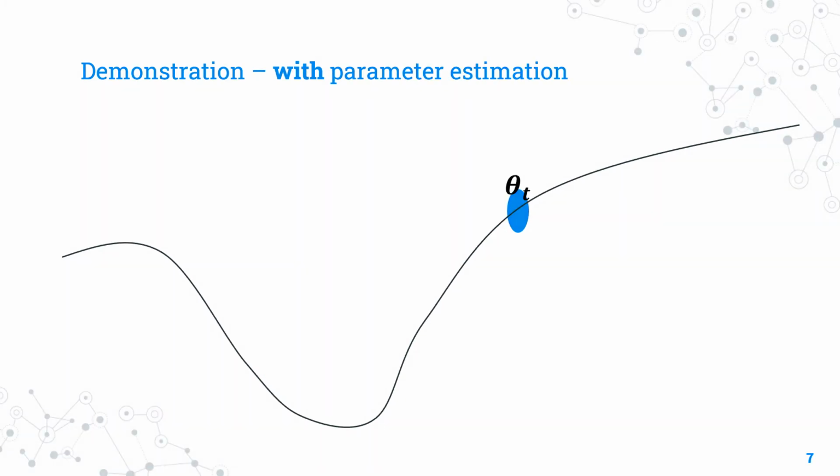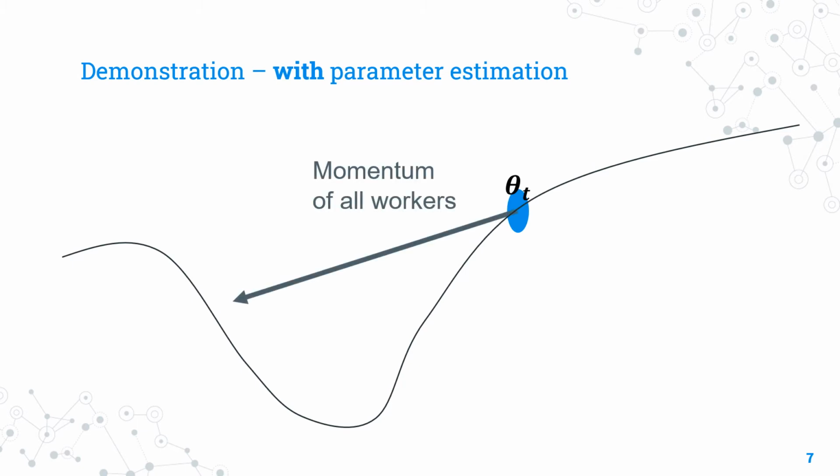Here we see a demonstration when training with staleness with parameter estimation. A worker pulls parameters theta_t and uses the momentum of all workers to estimate the future parameters of the master, denoted as theta hat. The worker then computes the gradient on parameters theta hat instead of the parameters theta_t.